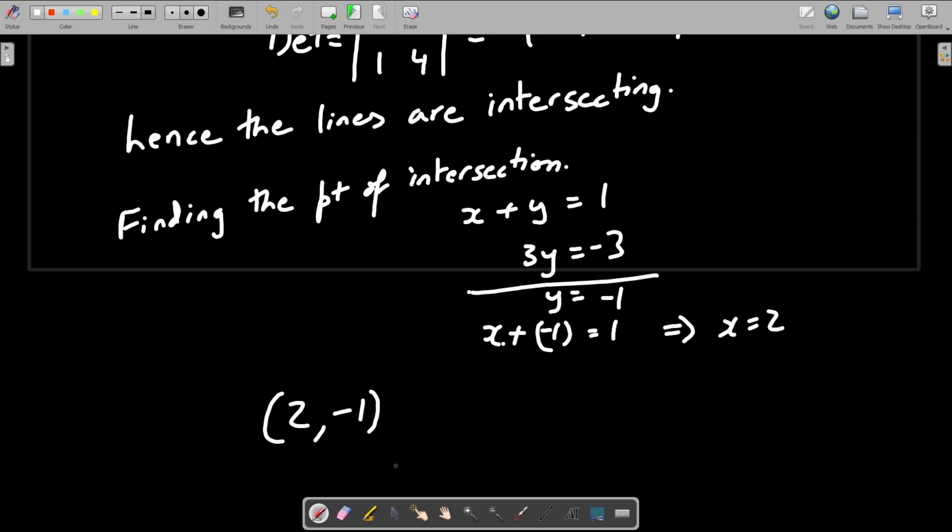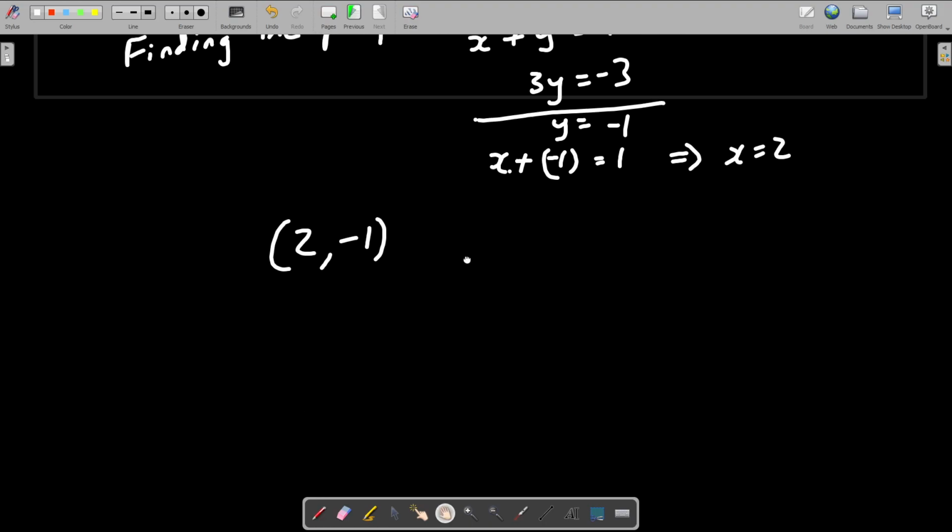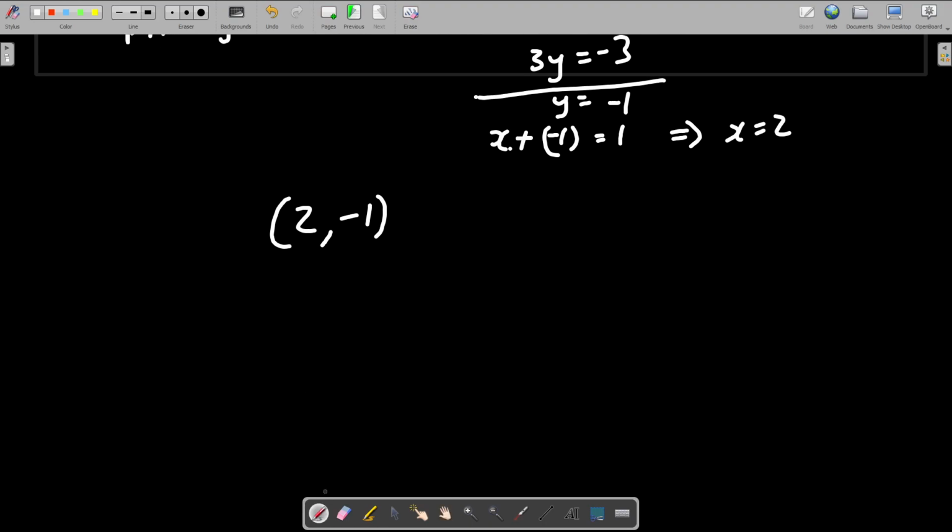So what will be the change of variable which we want to do? Change of variable which we want to do is capital X is small x minus 2, and capital Y will be small y minus 1.